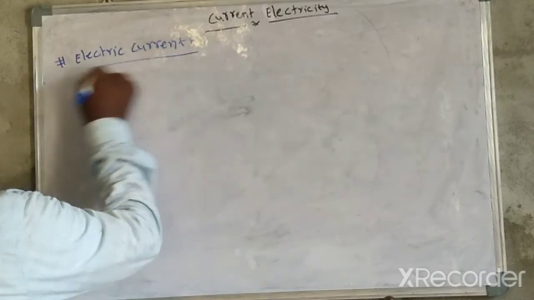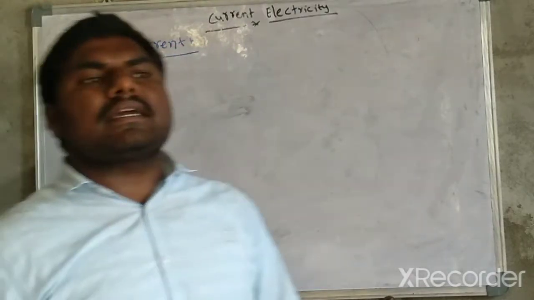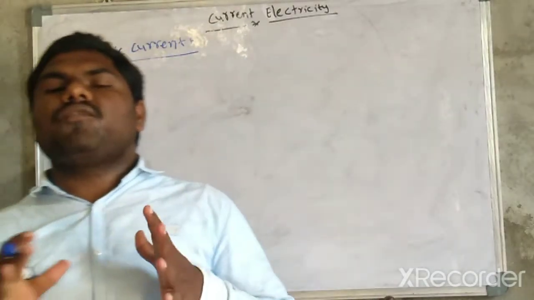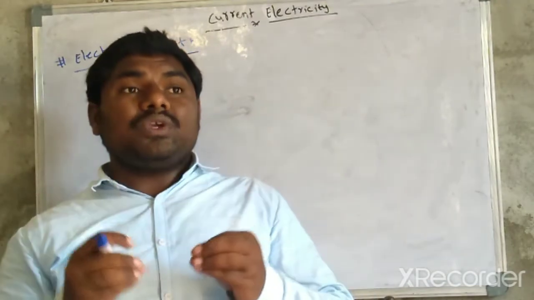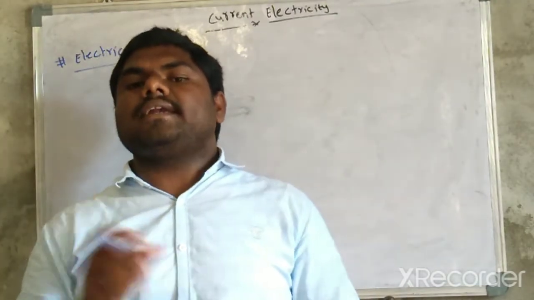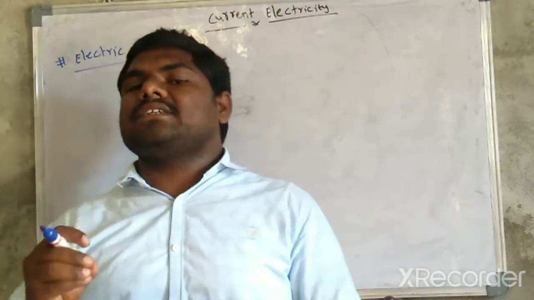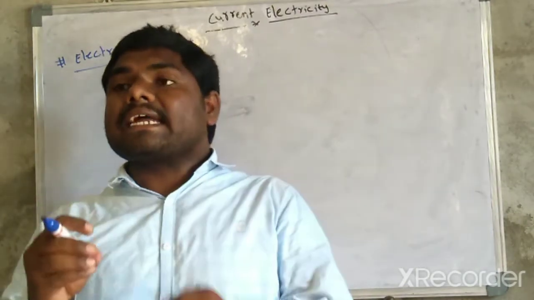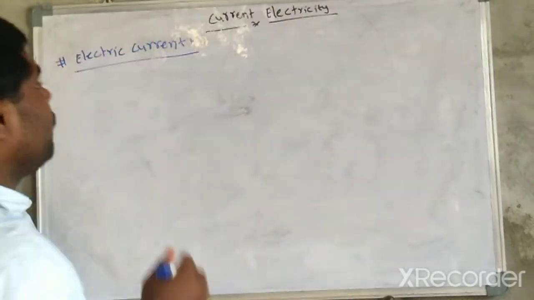So the electric current is nothing but the rate of flow of charge through any cross section of a conductor.